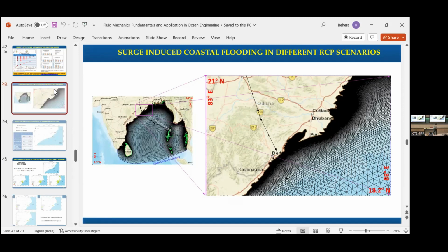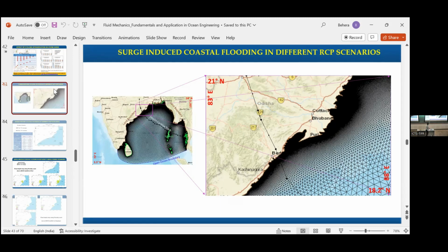So what we do, we create some kind of domain, generate some domain like this, and then the meshing is done. The meshing, you see here, the coarse mesh is in the deeper ocean, and along the coast you have finer mesh. And we do consider the topography part. We go all the way up to 15-meter contours, assuming that the flooding is going to take place maximum up to 15 meters, which is not going to happen usually.